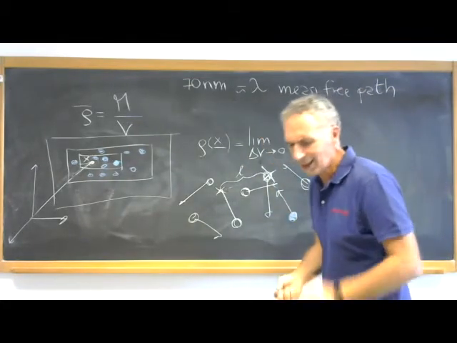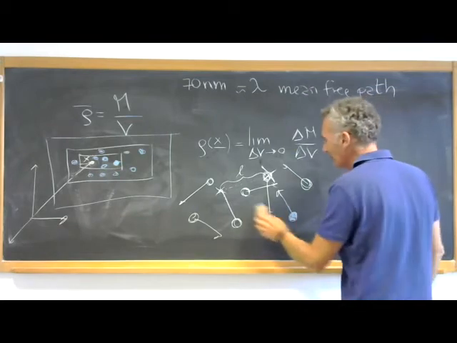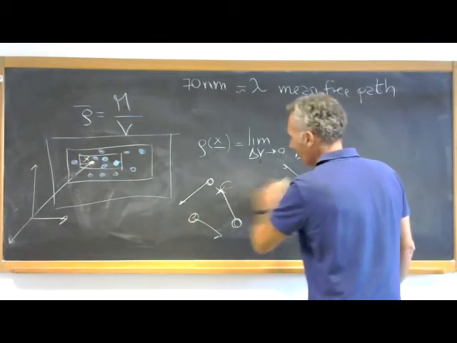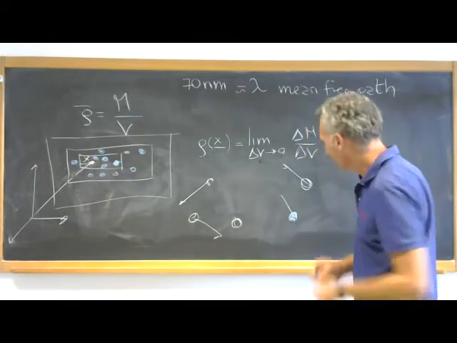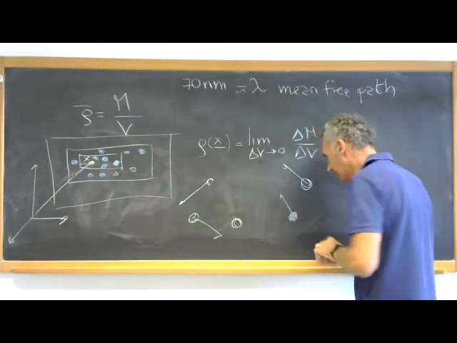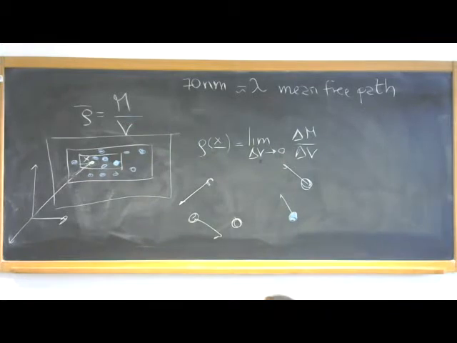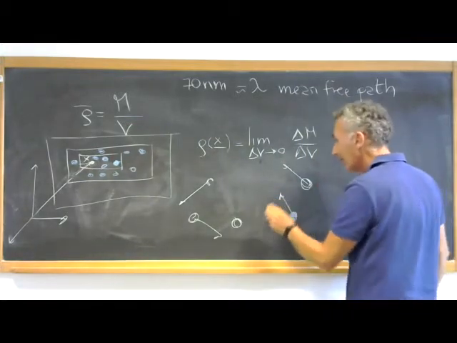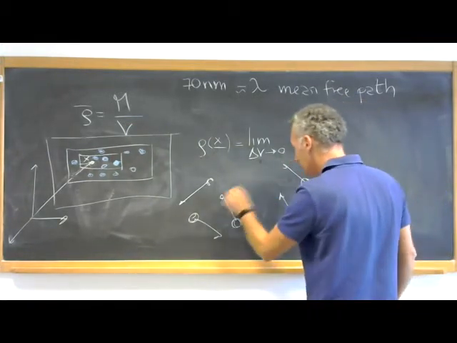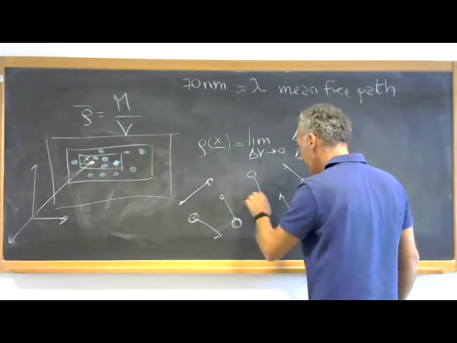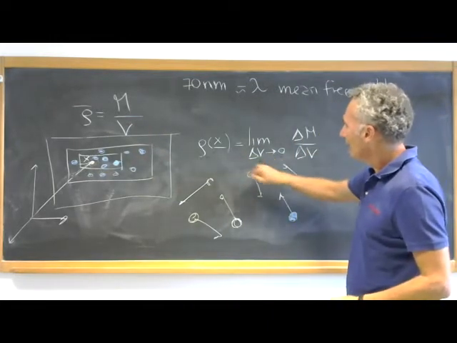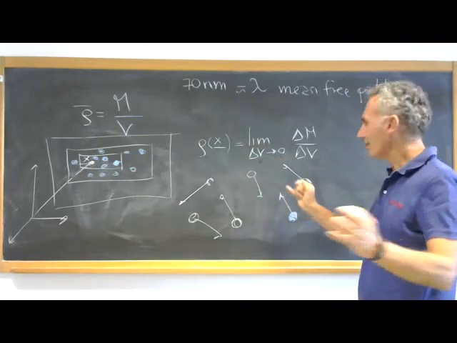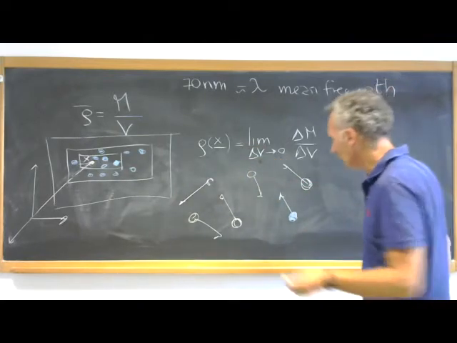So what is the consequence of this finite distance among the molecules? So now let's restore the original sketch, and now I draw the volume as it shrinks to 0.